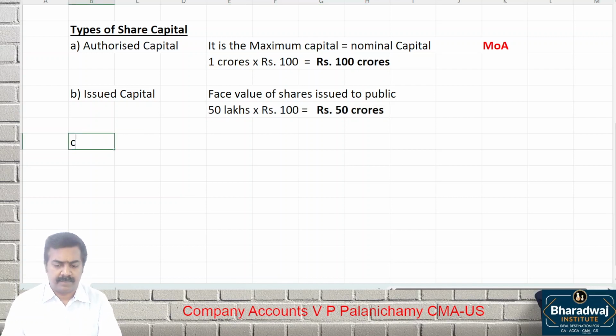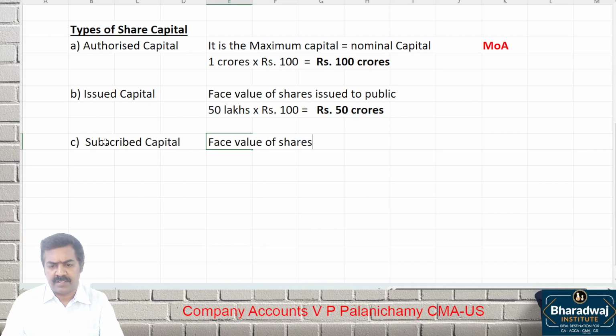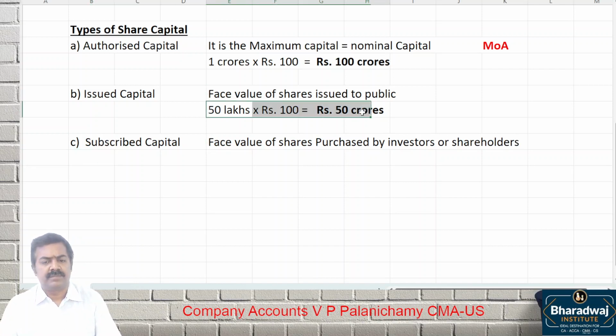C. Subscribed capital. Face value of shares purchased by investors or shareholders. How many shares did we issue? 50 lakh shares of rupees 100 each.